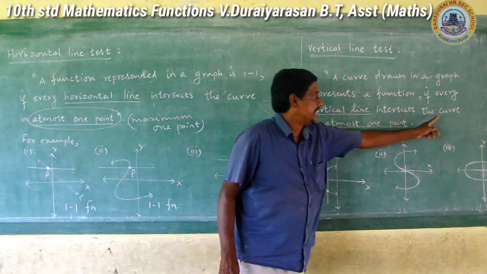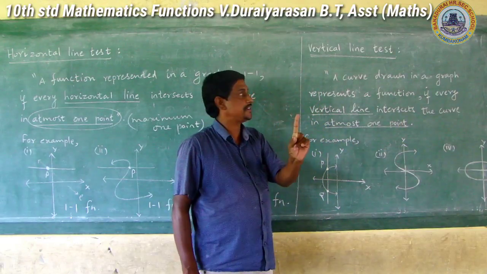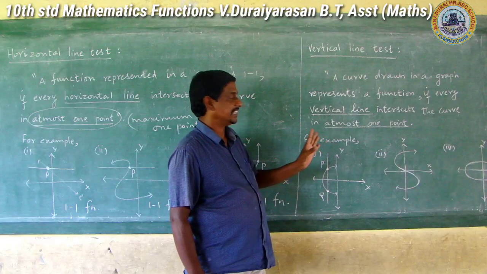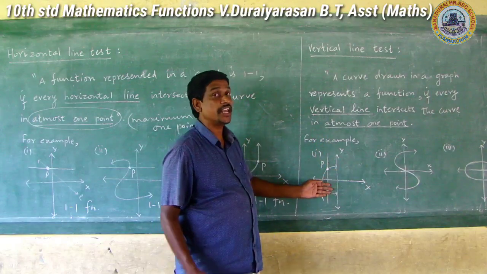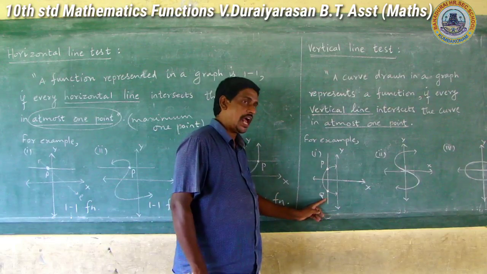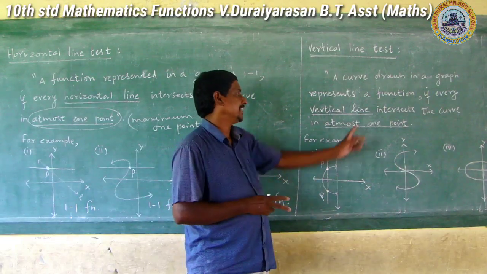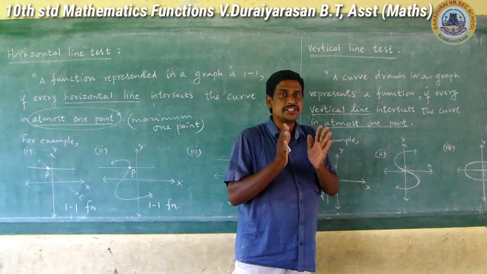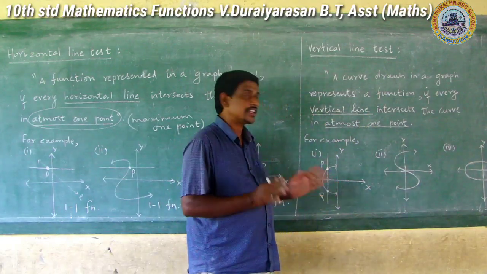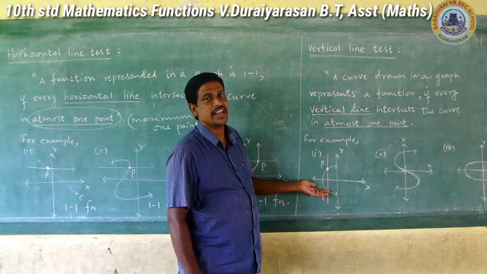A vertical line intersects the curve in at most one point if it represents a function. Here the vertical line meets at 2 points, so the condition is not satisfied. So what is the conclusion? The given graph is not a function.